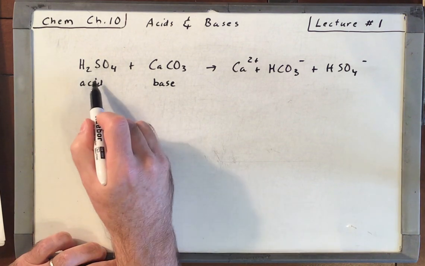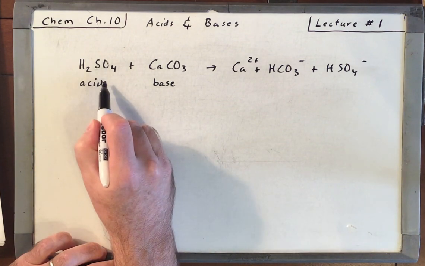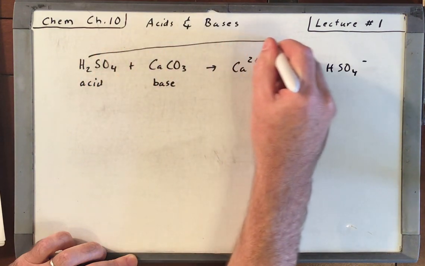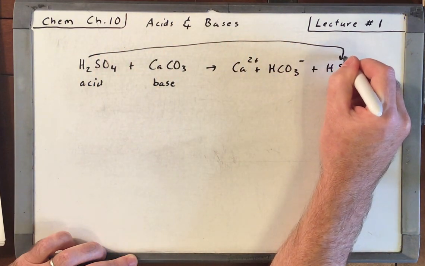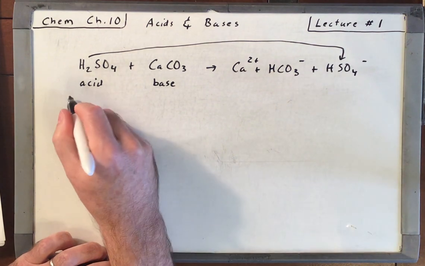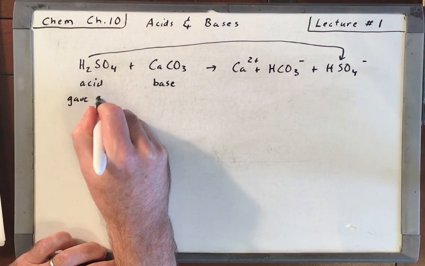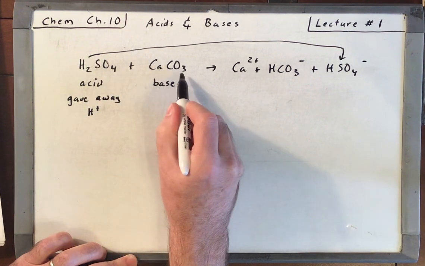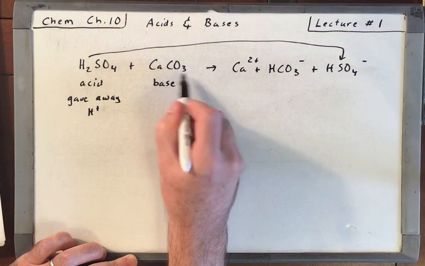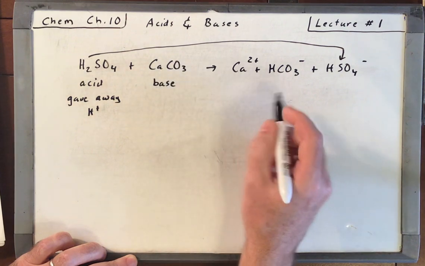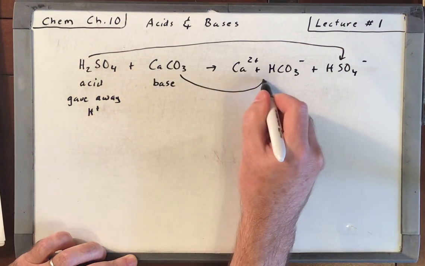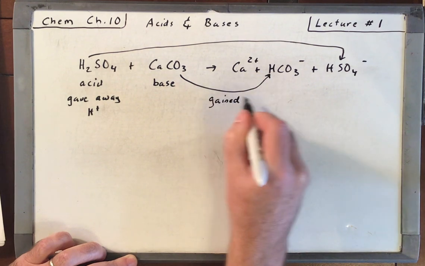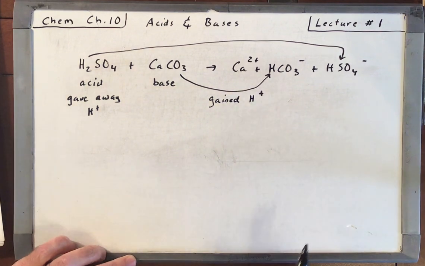The reason we know that H2SO4 is the acid is that it gave away a hydrogen and became just HSO4 minus. The reason we know CaCO3 is a base is that the carbonate part of CaCO3 gained a hydrogen. So that makes it the base.